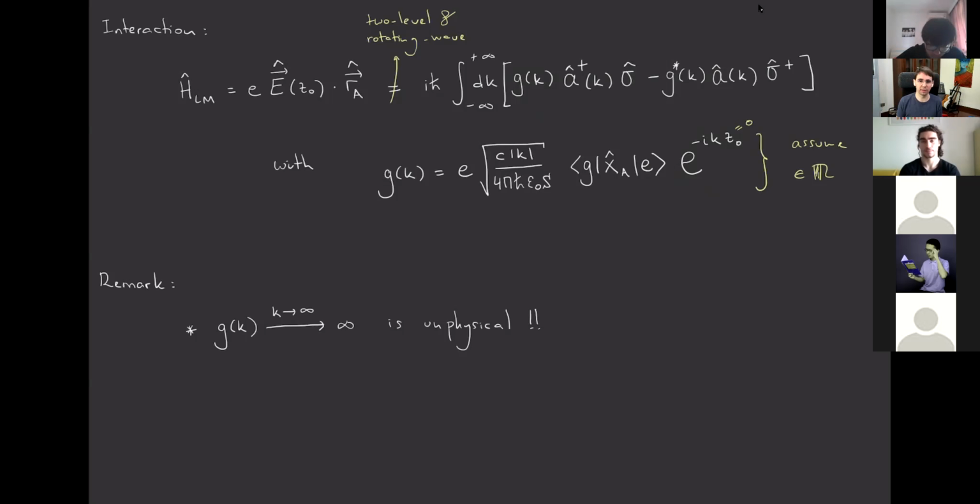However, in our case, this is all irrelevant. This is unphysical, but it's not a big issue, because in our case only wave vectors k around the frequency of the atom, so epsilon divided by c, will contribute.